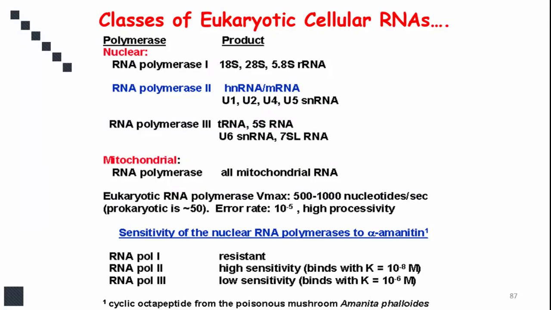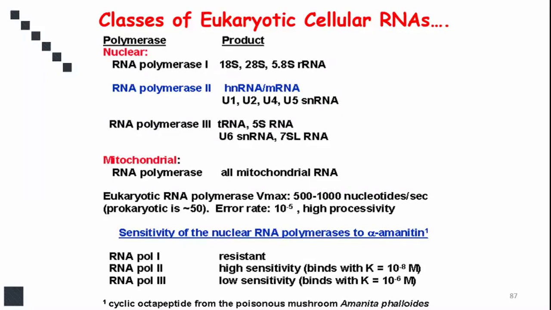And then for the mitochondria, remember the mitochondria is carrying its own genome and it needs to be transcribed. So all mitochondrial RNAs will be produced by this particular RNA polymerase. Then for eukaryotic RNA polymerase, you can see the error rate is in tens of thousands and it is highly processive.